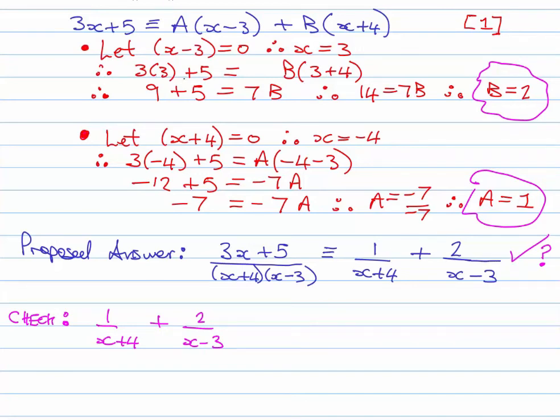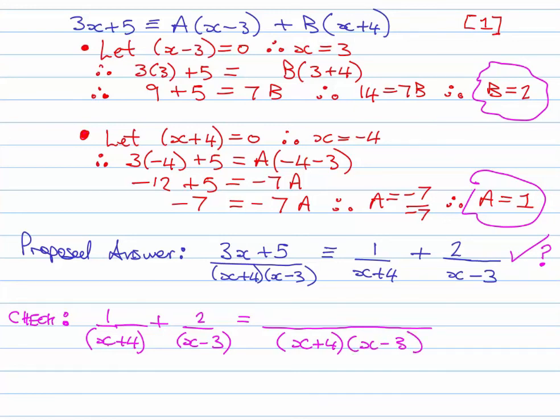Okay. This thing is going to be equal to, well, let's do a common denominator. What do we have? Okay, put the brackets in, make it a bit more clear. Common denominator of these two, normally the best thing to do is just multiply them together and say that's my common denominator. Okay, so x plus 4, x minus 3.